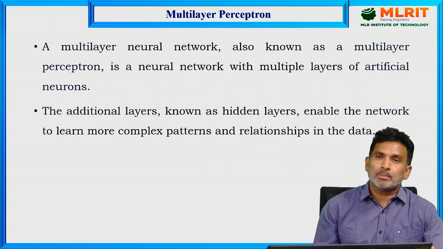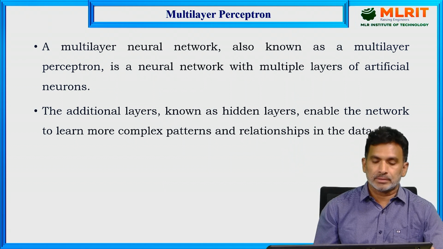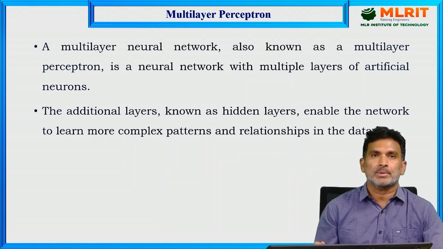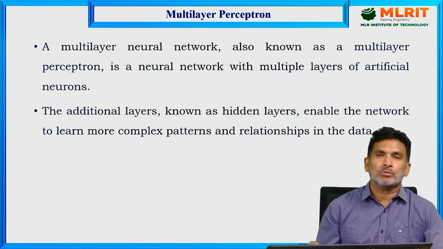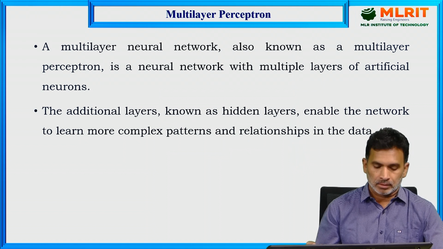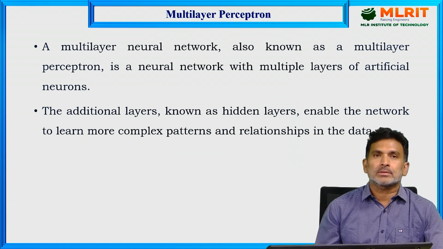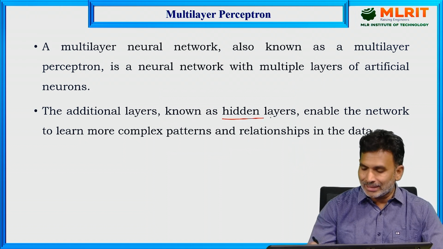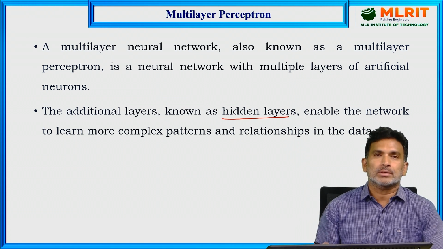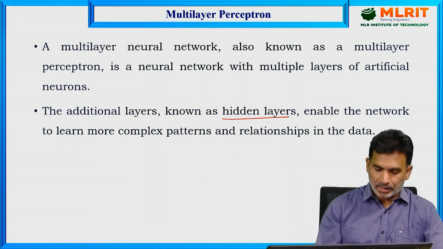And coming to the multi-layer perceptron, it is again an artificial neural network, also known as a multi-layer perceptron. It is a neural network with multiple layers of artificial neurons. The additional layers are known as hidden layers. These hidden layers mainly enable the network to learn more complex patterns.